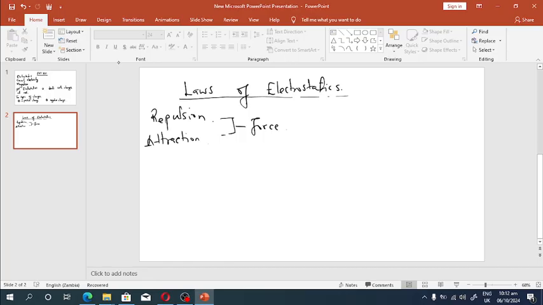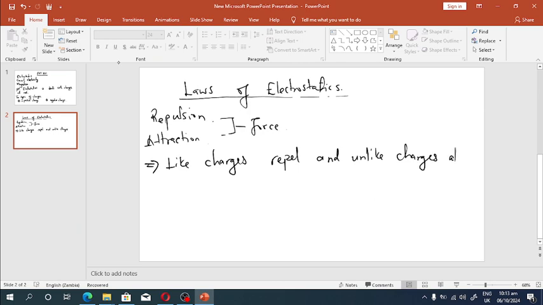And so under the law of electrostatics we are finding that this law of electrostatics states that like charges repel, and unlike charges attract.